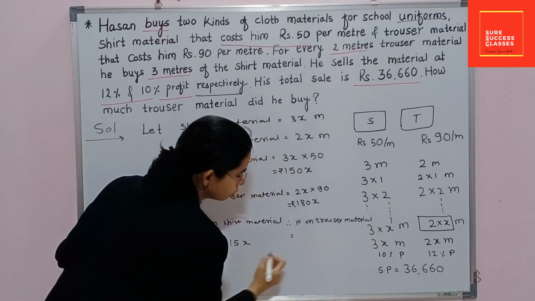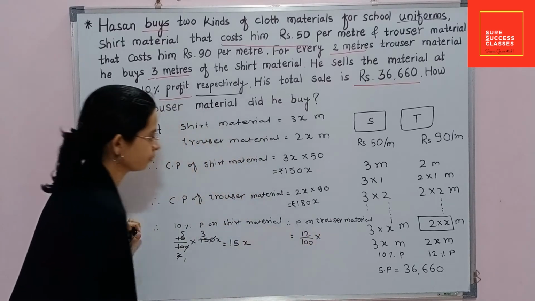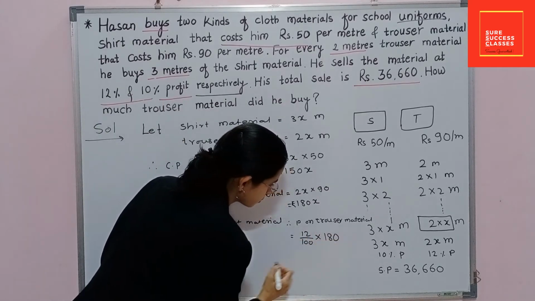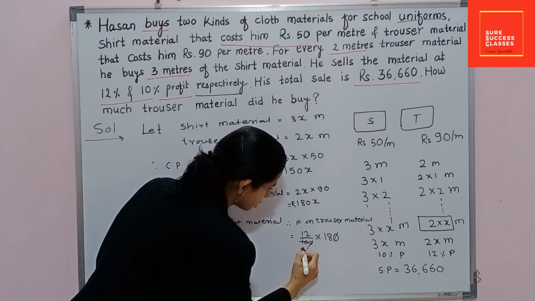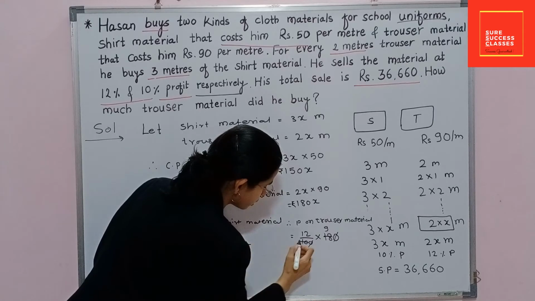It is equal to 12 divided by 100 into cost price. 0 cancels out. 2 5s are 10, 2 9s are 18, 5 1s are 5.